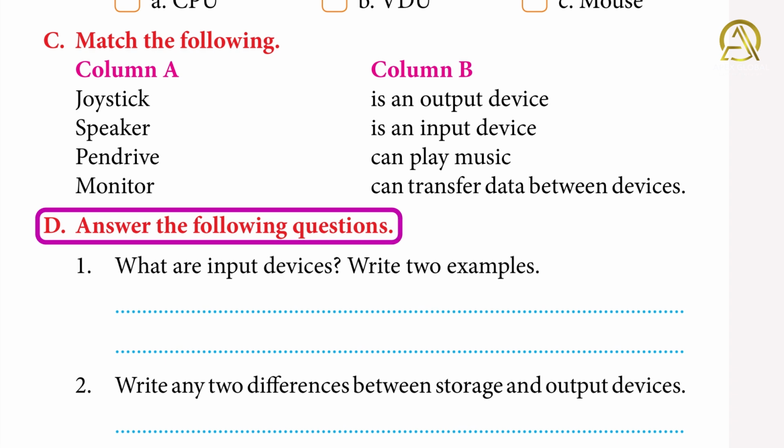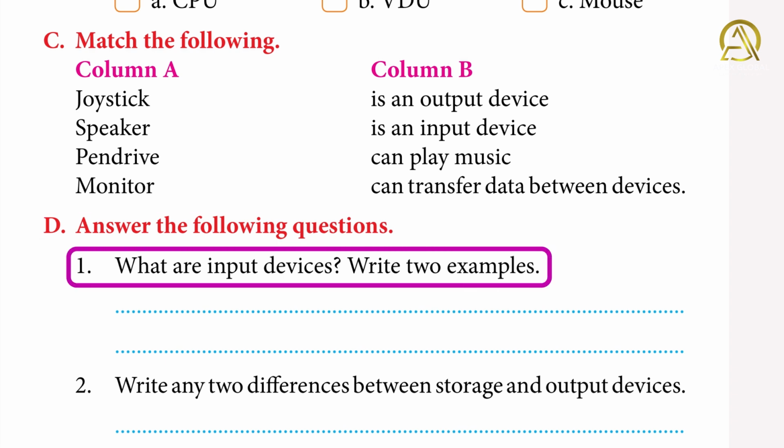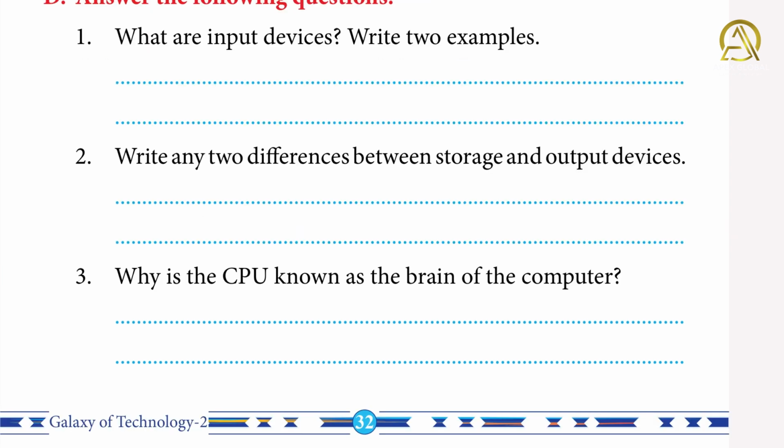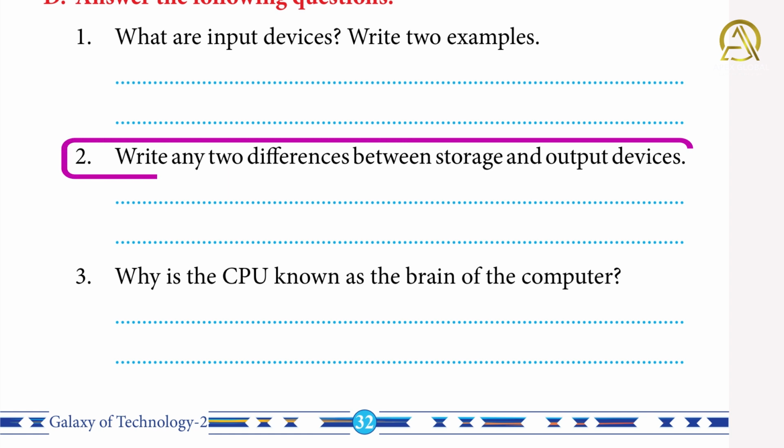D. Answer the following questions. 1. What are input devices? Write 2 examples. Answer. The devices which are used to enter data into the computer are called input devices. Examples: keyboard, mouse. 2. Write any two differences between storage and output devices.